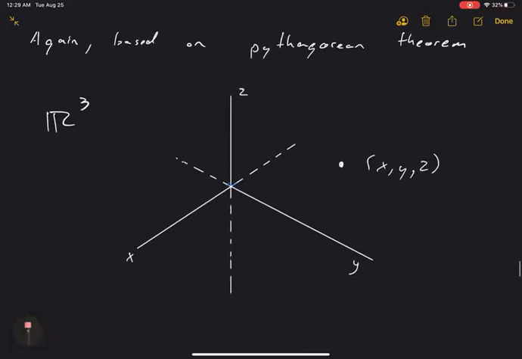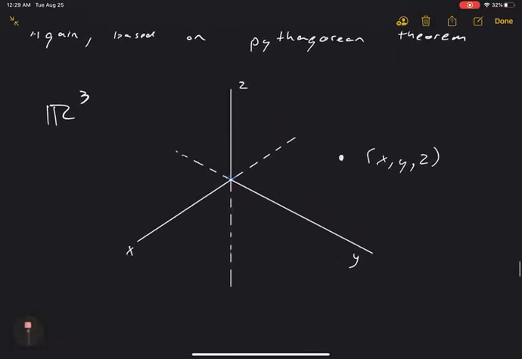All right. But what is the distance from the origin to this point in R3? Can we get some sort of formula? Let's say this point is up here, and we've got a 90-degree angle here, if you can picture that.